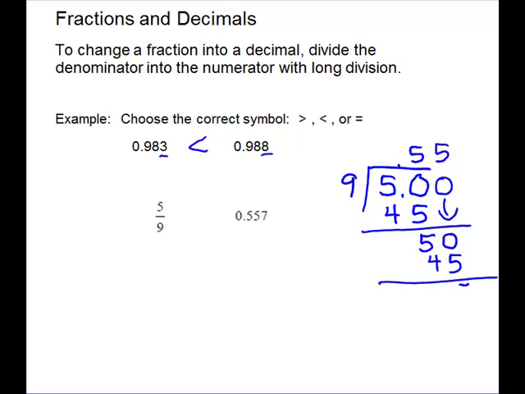So we're going to start to realize here, this is a repeating decimal. We're going to keep getting 5s forever. So our 5/9 is 0.555, and it continues with 5s.